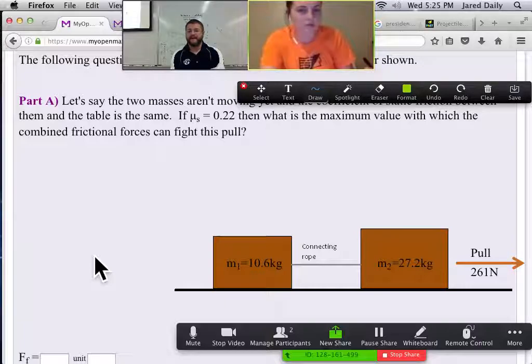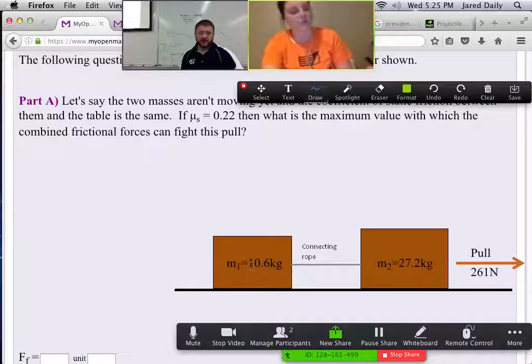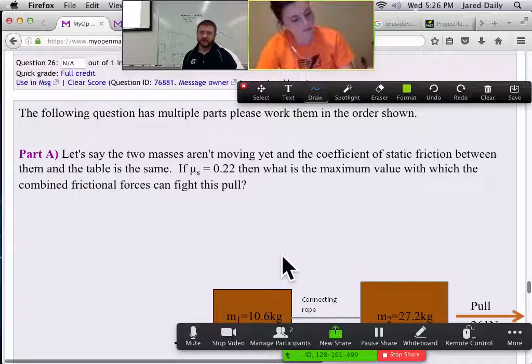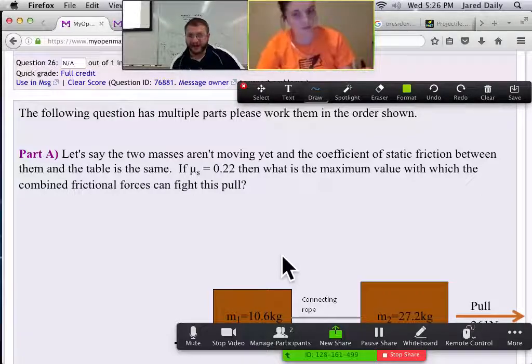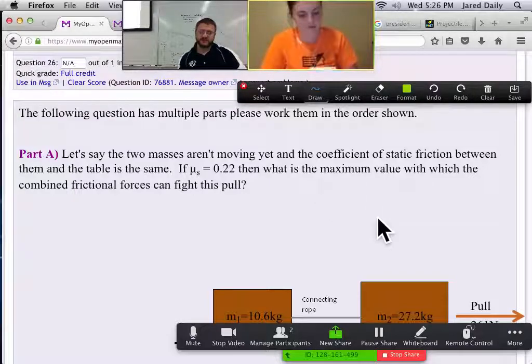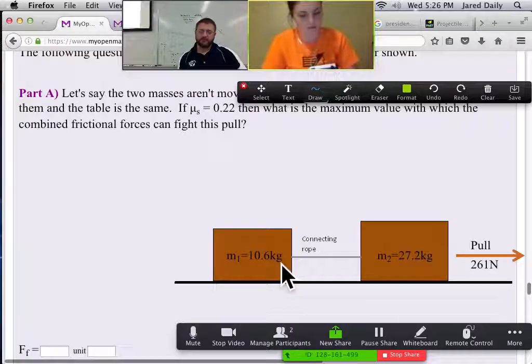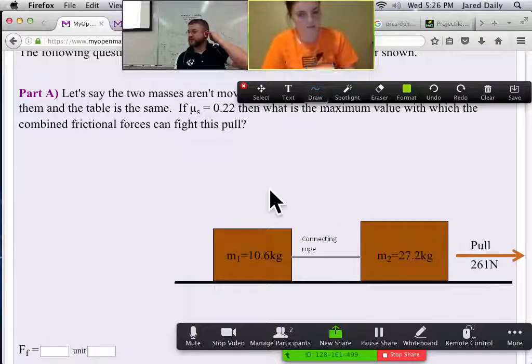Yeah, there's a pull. There are two boxes. They each have a friction associated with them, and they have the same coefficient of static friction. So you're going to calculate the maximum static friction that they can have for both of them.